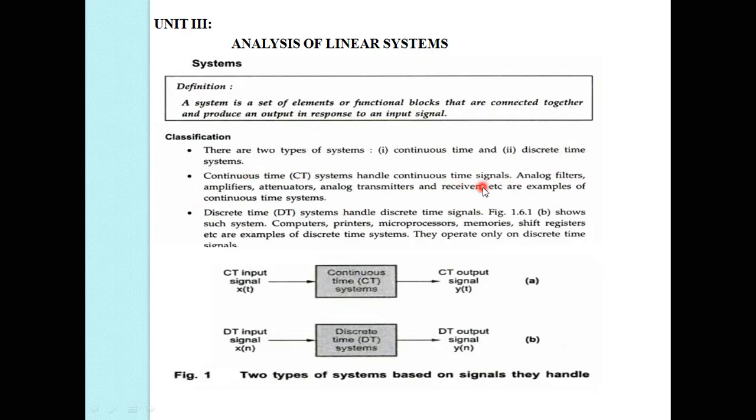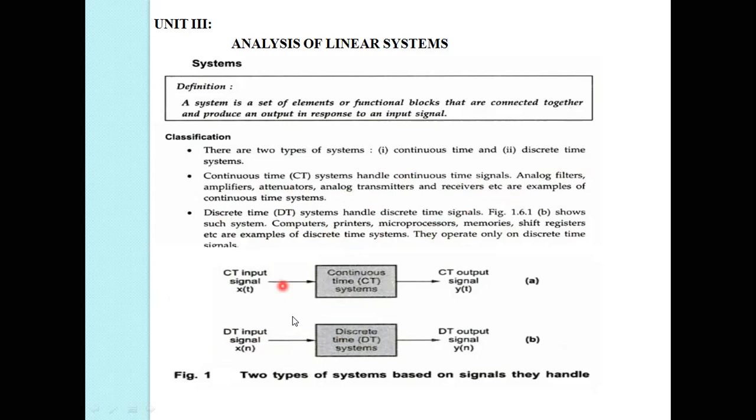Examples of continuous time systems are analog filters, amplifiers, attenuators, analog transmitters and receivers. Examples of discrete time systems are computers, printers, microprocessors, memories, shift registers, etc. The discrete time system can operate only on discrete time signals. It does not take any continuous time signals.